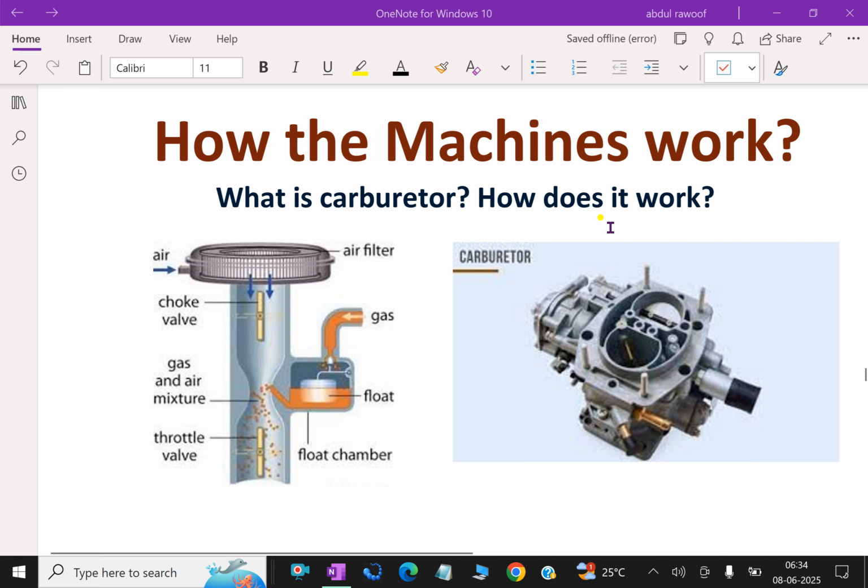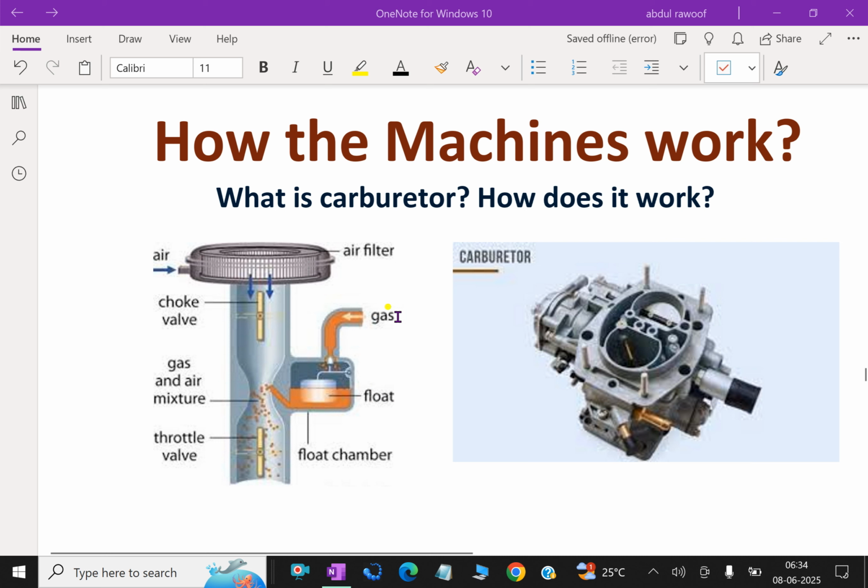Now we'll discuss how it works. Look at this. This is an air filter to the engine, the choke valve, and the gas and air mixture created in the Venturi port. And look here. This is the gas inside and the air through the filter.